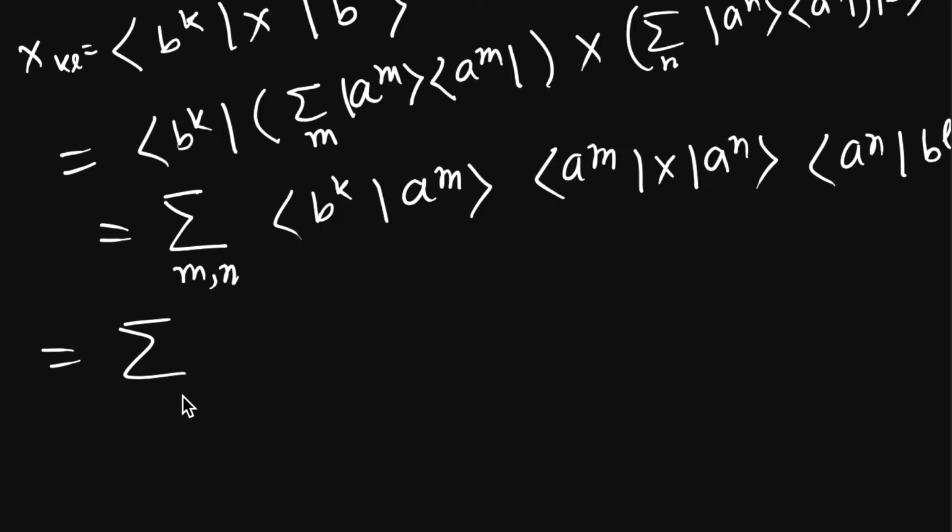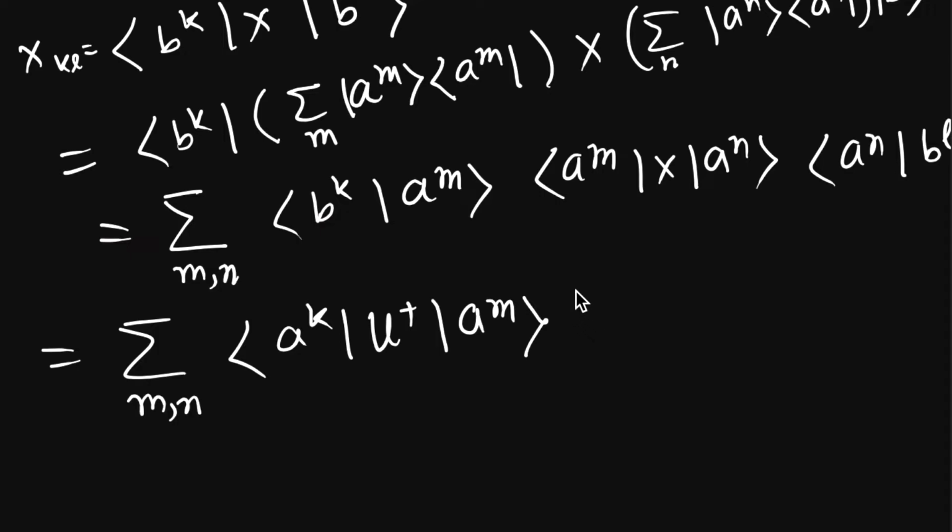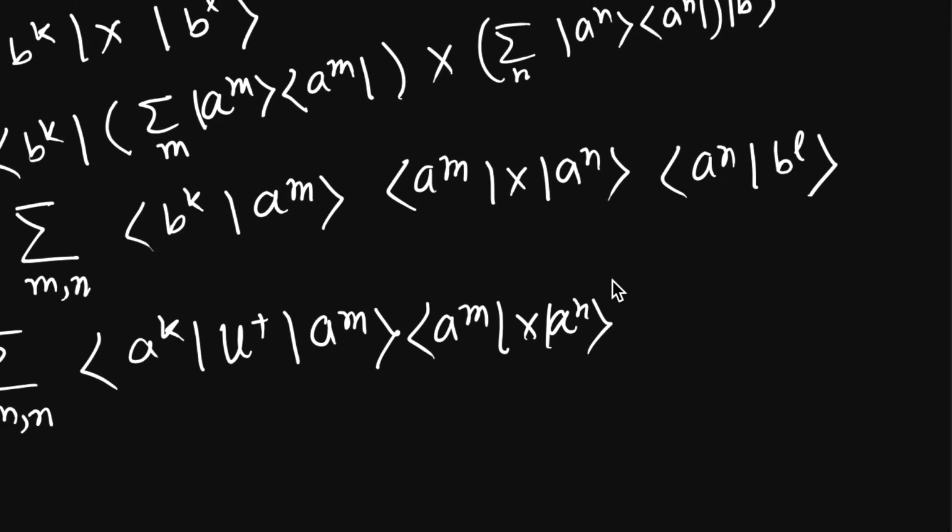This is equal to the sum over m comma n of ⟨a_k|U dagger|a_m⟩ ⟨a_m|X|a_n⟩ ⟨a_n|U|a_l⟩.